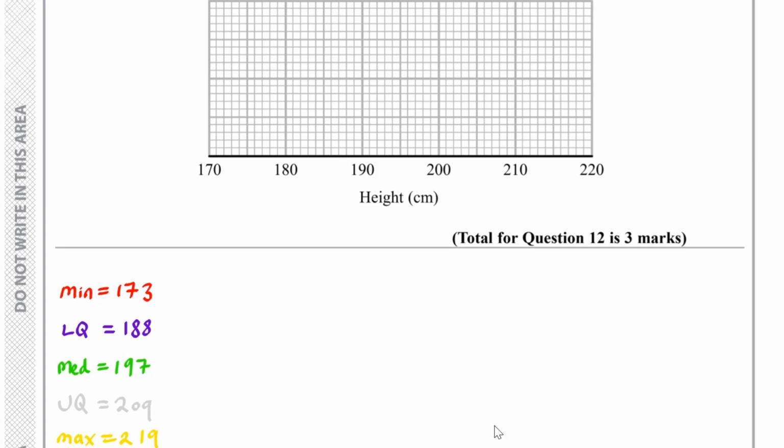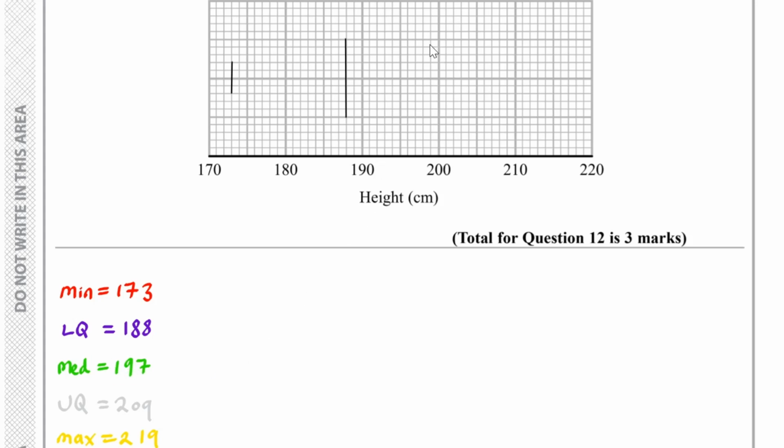So we've got 173, so that's here. Then we've got 188 for the lower quartile. So 188, that's over here.